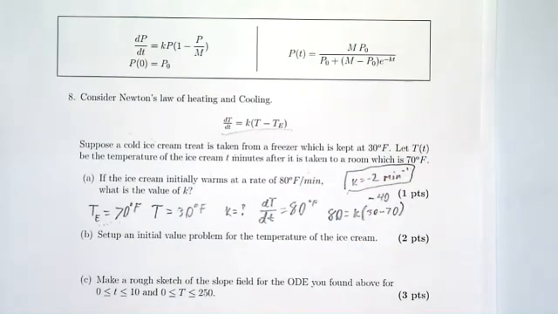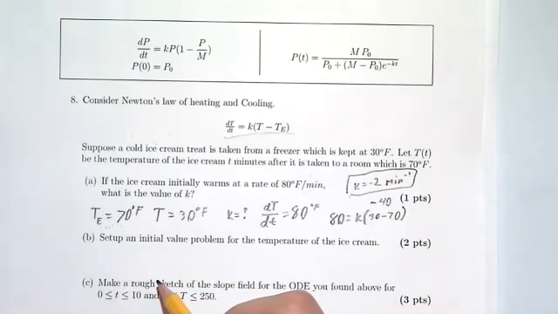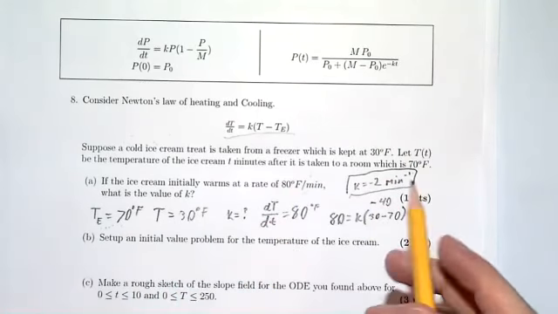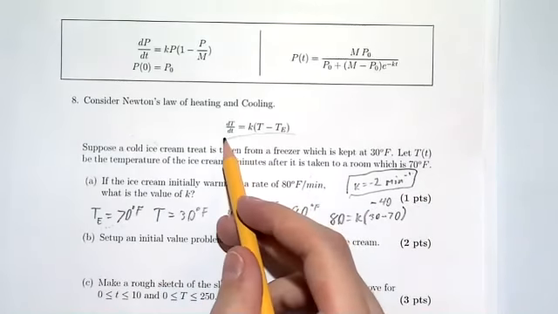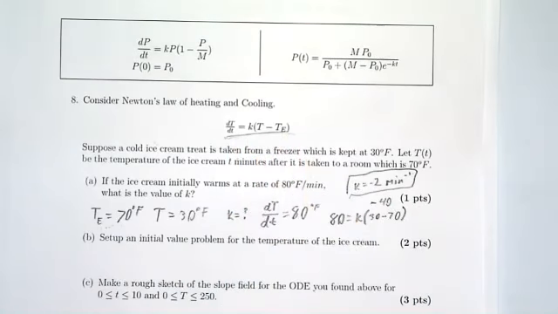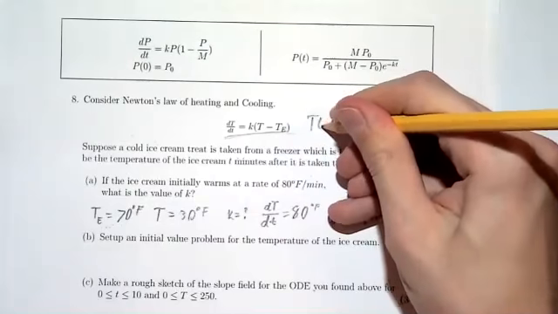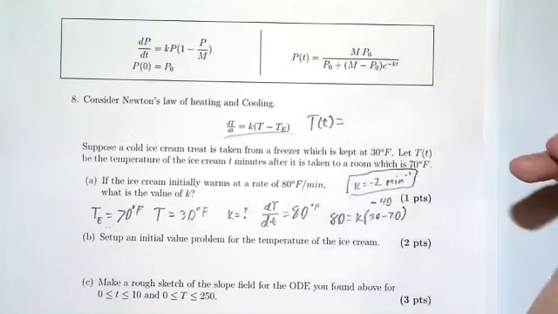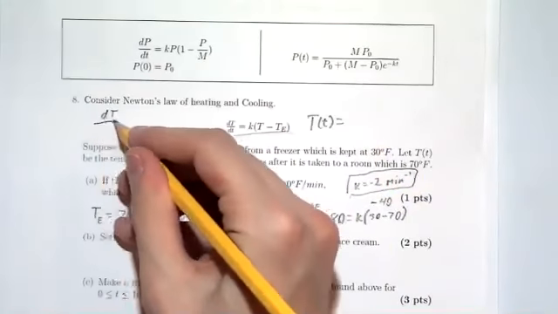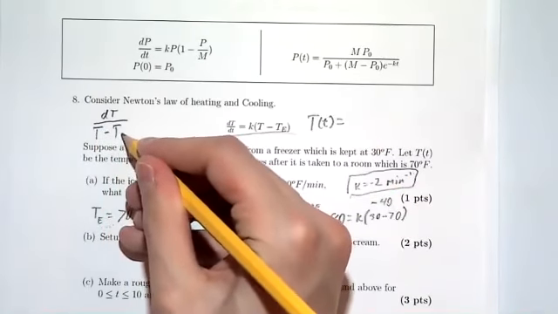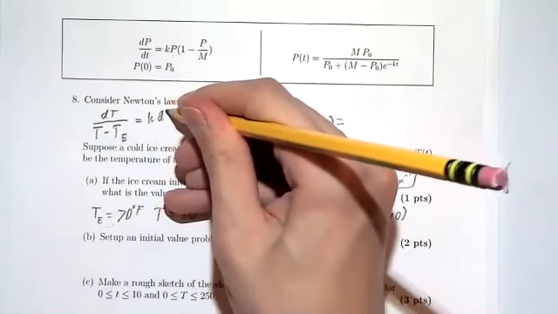And then using that, we can solve an initial value problem for the temperature of the ice cream. So we know that at time equals 0, our temperature is going to be 30 degrees Fahrenheit. And we're going to solve this for T in terms of time. So you get dT over T minus T environment is equal to K dt.